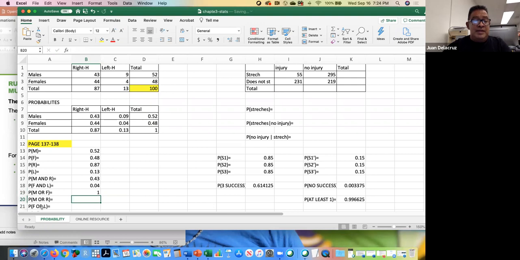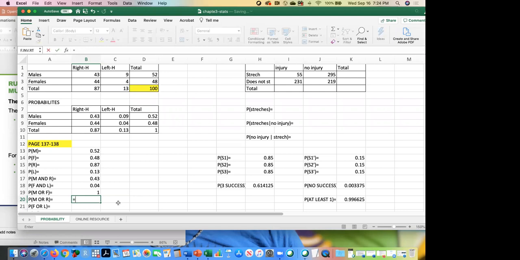So the probability of females or left, right? So in this case, that is not a mutually exclusive event. So it's gonna be 52 plus 87 minus 43, all divided by 100.